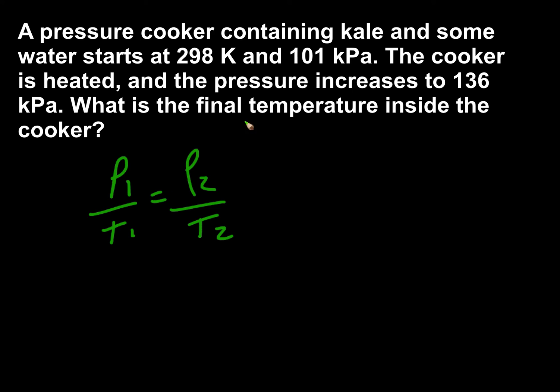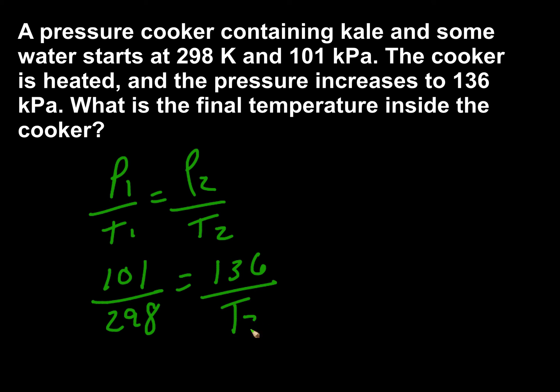So our first pressure here is 101 kPa, all over 298 Kelvin. Second pressure, 136 kPa, all over T2. So we have 101 T2 is equal to 298 times 136, which is 40,528.